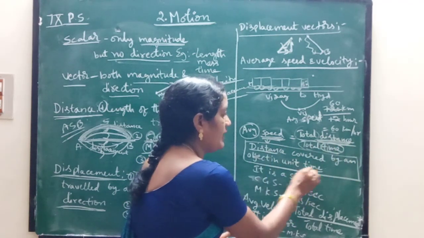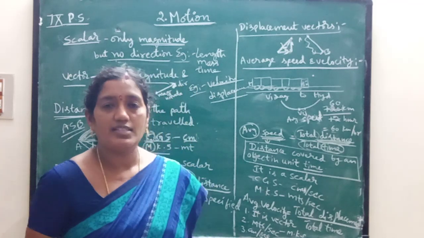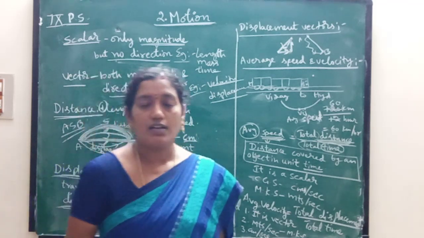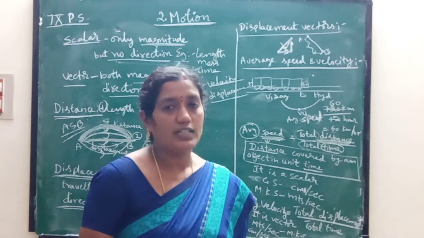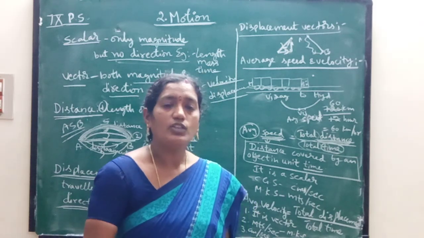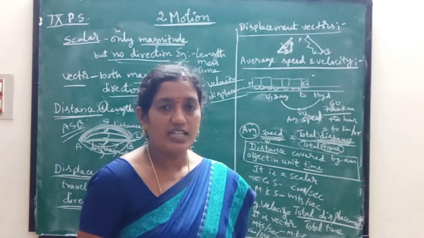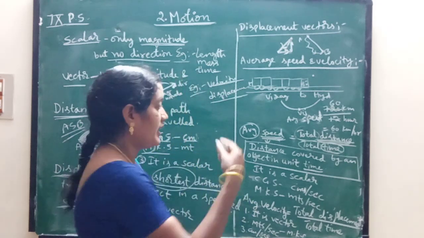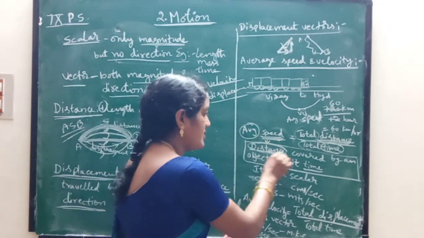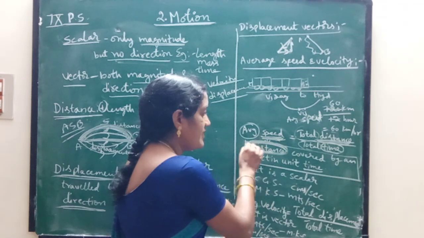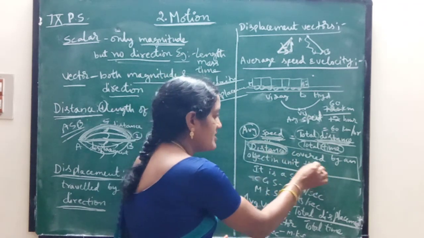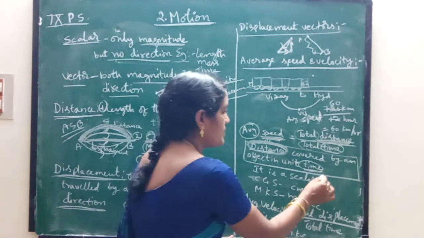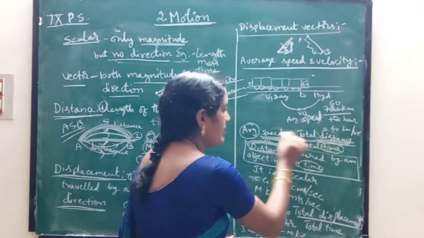Distance by time. So how can you define this average speed? Total distance covered by an object in unit time is known as average speed. See children, distance is a scalar quantity, and distance by time. So speed is equal to distance by time.